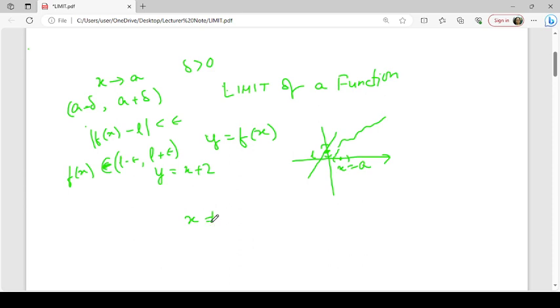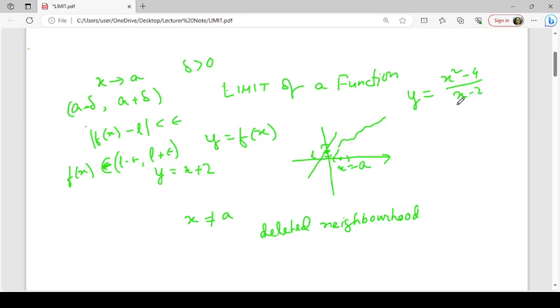We consider x not equal to a, which means it is the deleted neighborhood of a. At x equal to a, it is not necessary that the function has some value. Say, for example, y is equal to (x square minus 4) by (x minus 2).